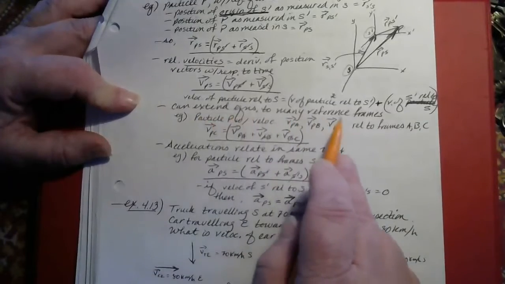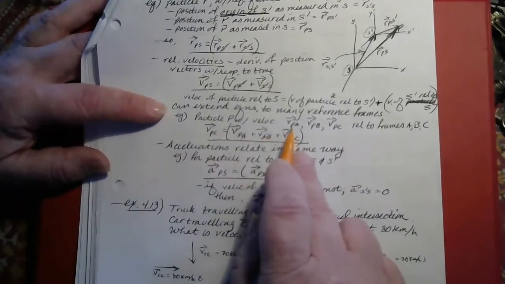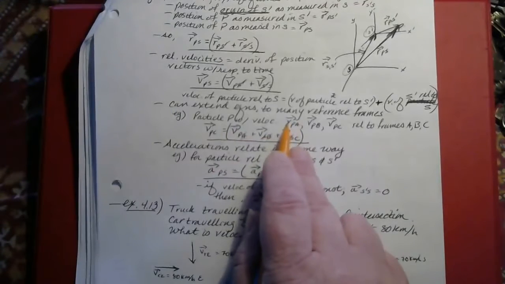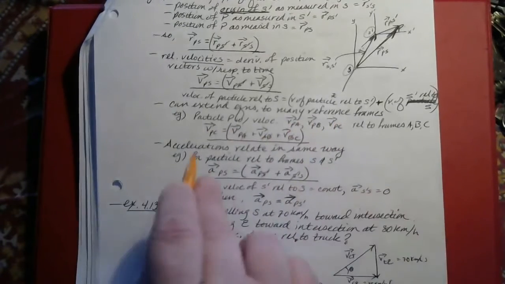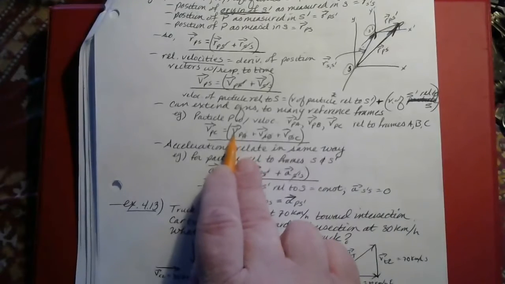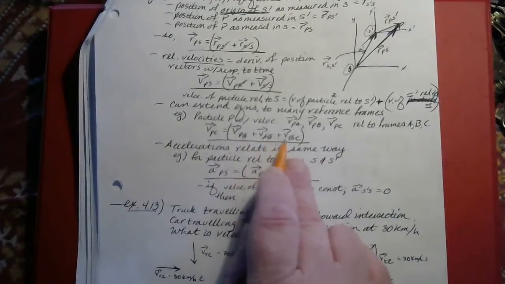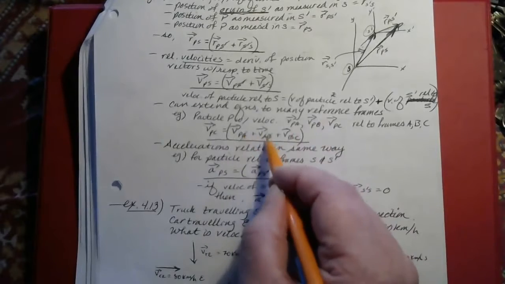You can extend this equation to any number of frames of references, as I've shown here with like 3 different frames of references. If you have a particle P with a velocity of V_PA, that is the velocity of the particle relative to reference frame A, and V_PB, that's the velocity of the particle relative to reference frame B, and V_PC, that's the velocity of the particle relative to reference frame C, then you could find V_PC simply by taking the velocity of the particle relative to reference frame A plus the velocity of reference frame A relative to reference frame B plus the velocity of reference frame B relative to reference frame C. And notice again, for each pair, the inner letter in the subscripts cancel.